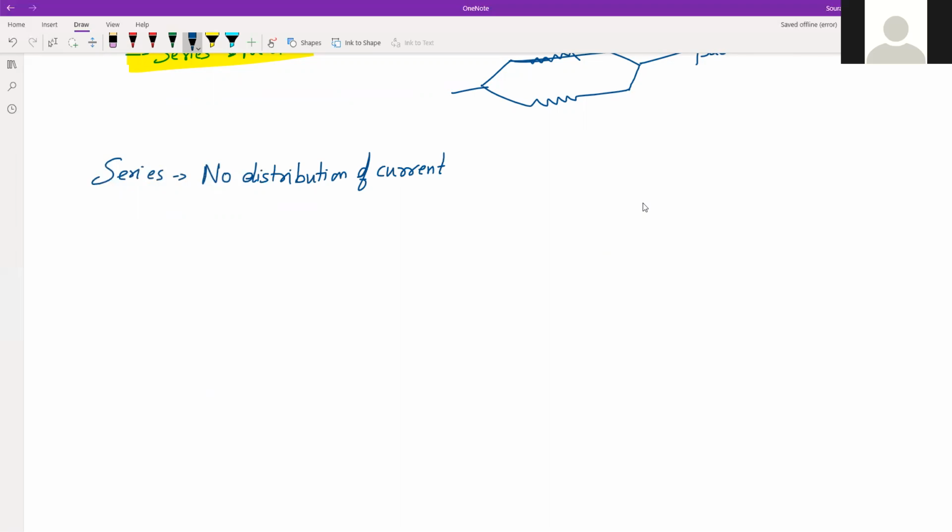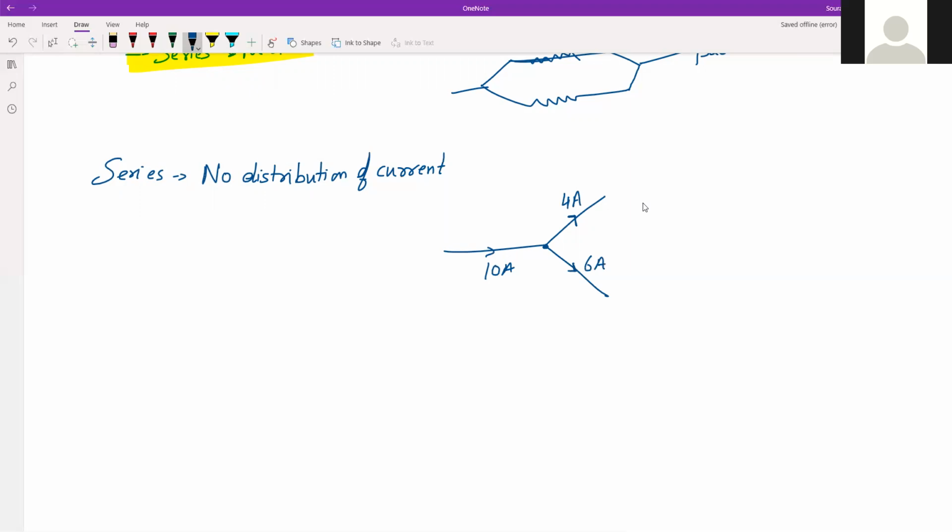If you study Kirchhoff's junction rule once again, if 10 amperes is coming here and from here there are two branches, both cannot have 10 amperes. So if one has 4 amperes, the other will have 6 amperes.